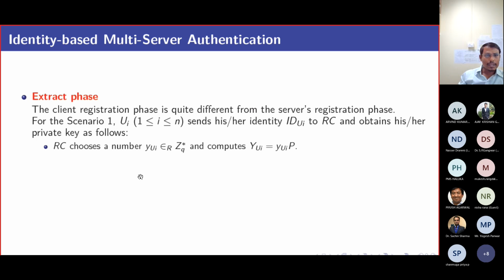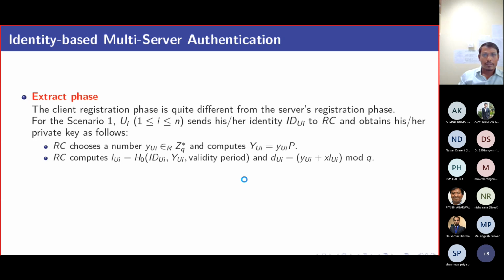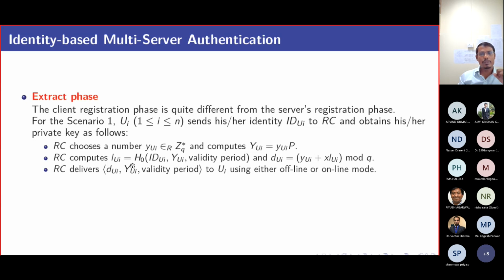So first we discuss normal communication, how the public and private key is designed, like for the application server. The same way we are doing it. Here a validity period is involved, because the validity period gives you the currency of the public and private key. For the user, the public and private key will not be valid for the entire period, for a lifetime, but only for a certain period. That is why we are inserting the validity period.